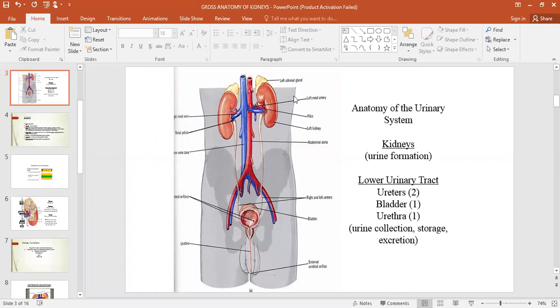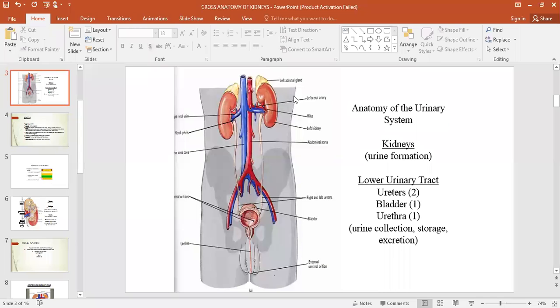The kidneys are two reddish-brown paired organs which lie in the retroperitoneal space on either side of the vertebral column. The left kidney is slightly higher and the right kidney is slightly lower because of the large size of the right lobe of the liver.